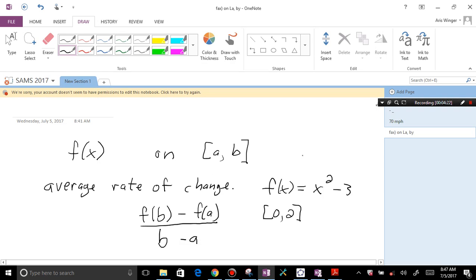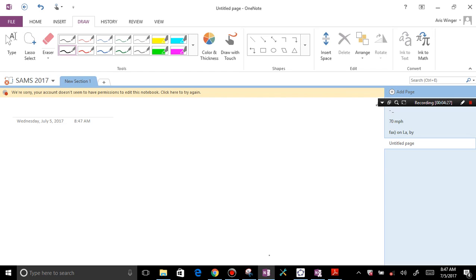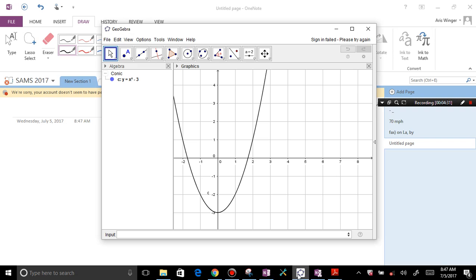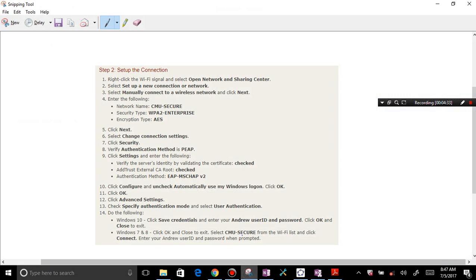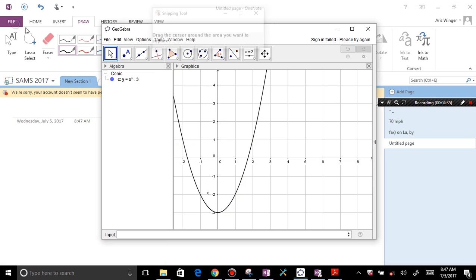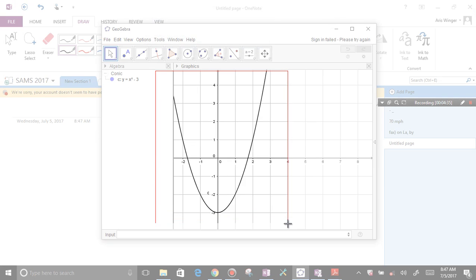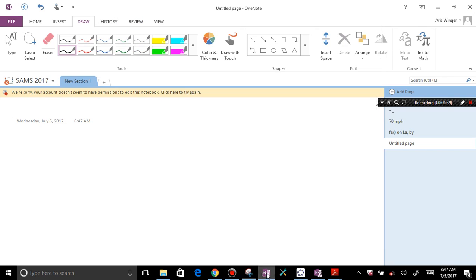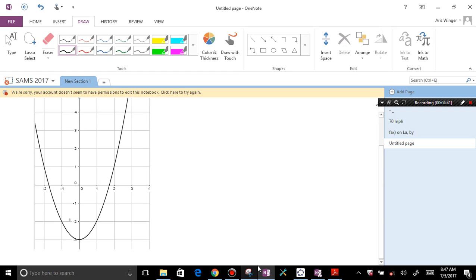So I'm going to trust you. There it is. Let's assume the slope is 2, right?